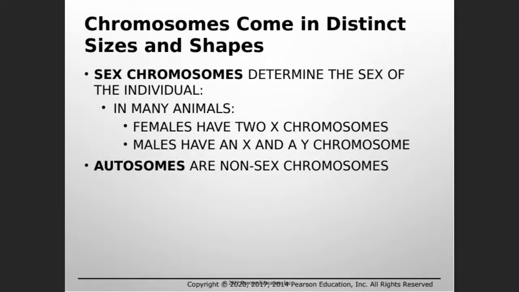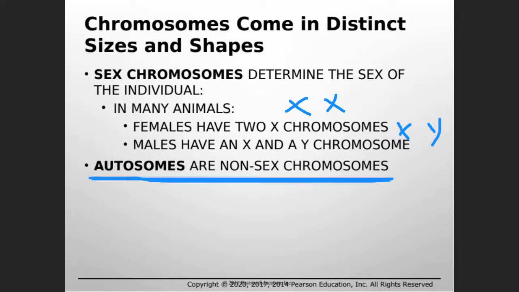We each have 2 sex chromosomes, right? So in many animals, females have 2 X chromosomes, XX, and males have an X and a Y. So the Y is the one that determines the sex of the organism. Autosomes are non-sex chromosomes. So all the other 44 chromosomes are going to be autosomes. Okay.